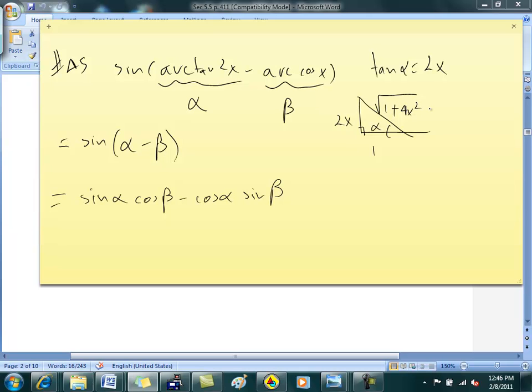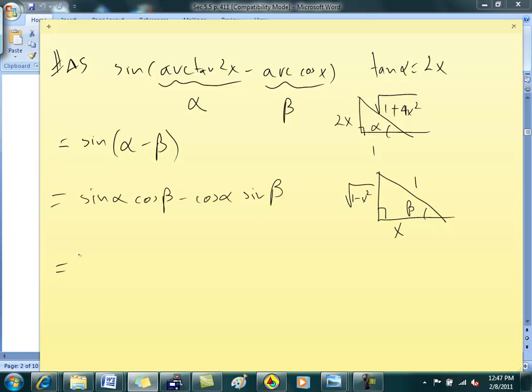And then your beta triangle. That's beta, a right triangle. This is x, this is 1, and this one's going to be 1 minus x squared. Nice.